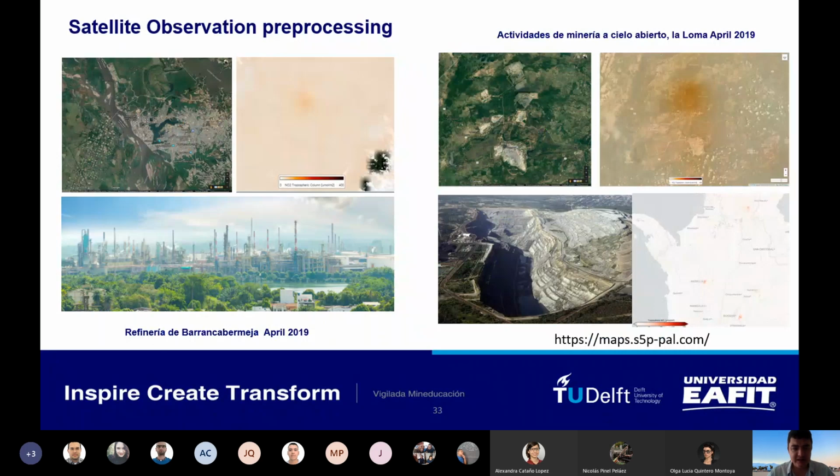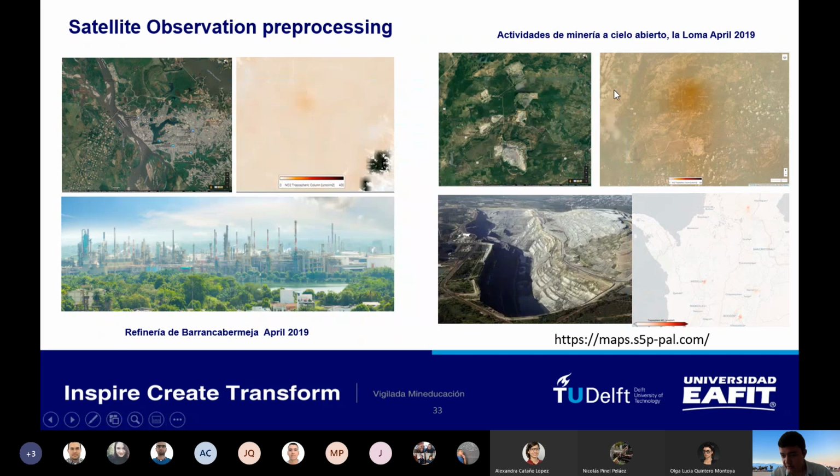Other nice images from Tropomi and how they could be useful. You can see here in Colombia, in Barrancabermeja, our biggest refinery, how the plume could be sensed from the instrument, and also this big mining activity is also very high in values.